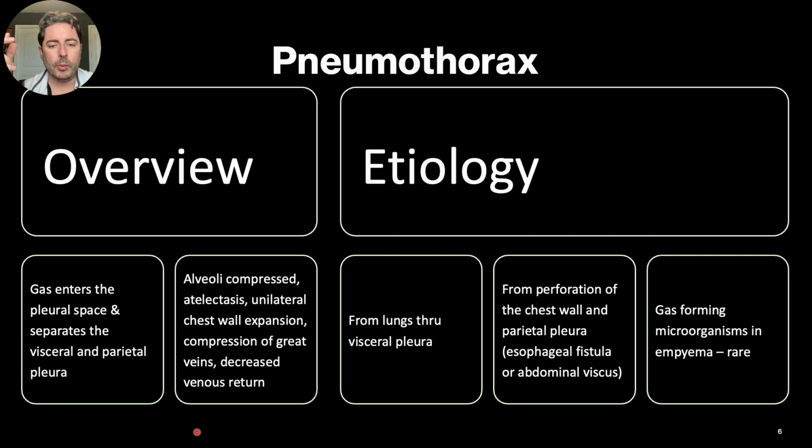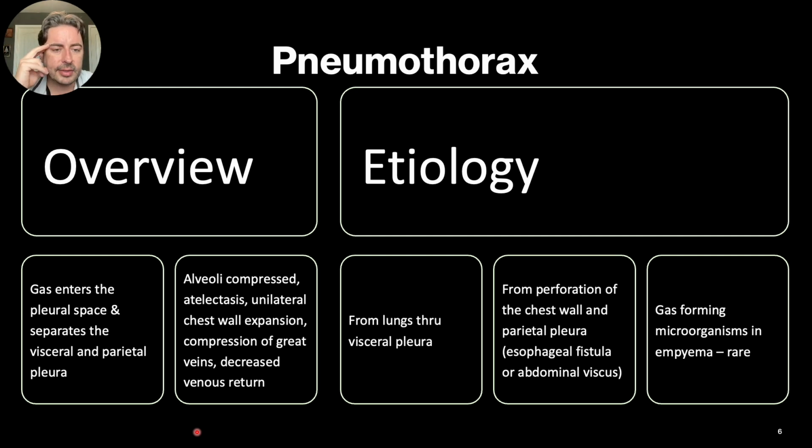But when we look at the etiology, what this is talking about is what's the origin? Where does it come from, right? So we can get air in the pleural space from the lungs through the visceral pleura. If I have some sort of leak from the lungs through the visceral pleura, that can lead to air getting into the pleural space.